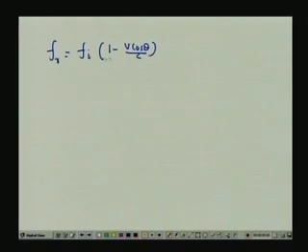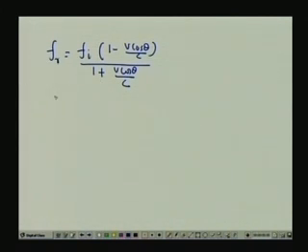You see, we can write here from our previous expression Fr, the frequency of the reflected wave, equal to Fi (1 minus V cos theta by C) upon (1 plus V cos theta by C), right.